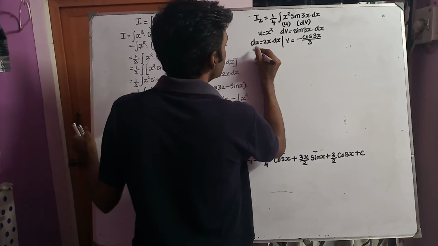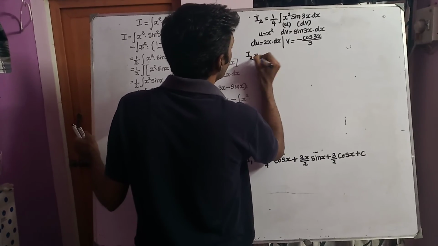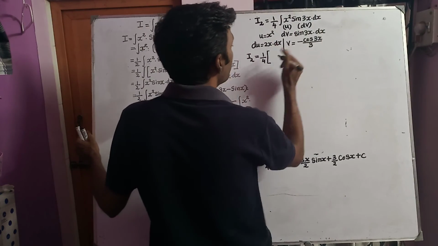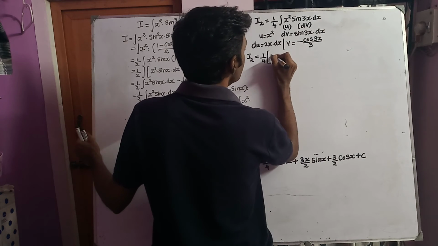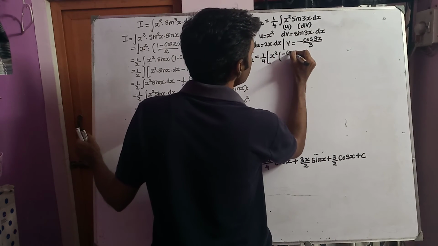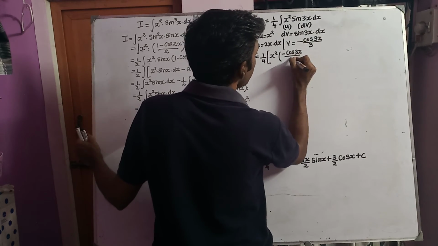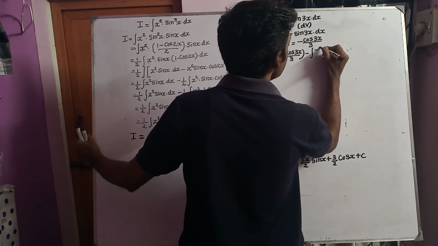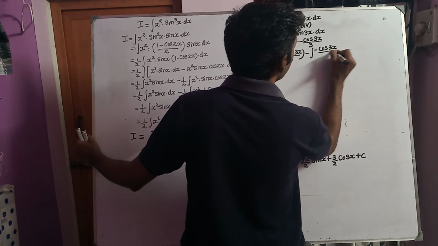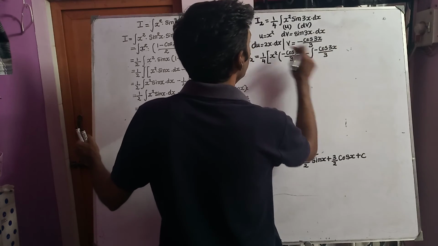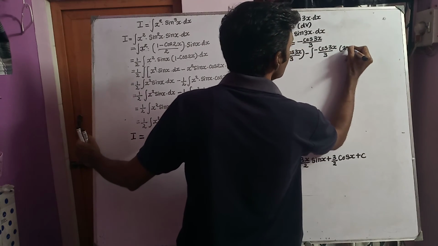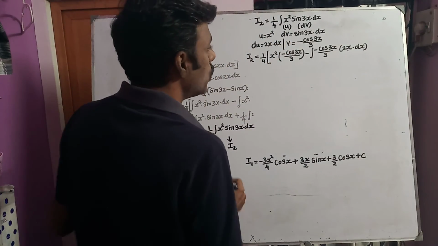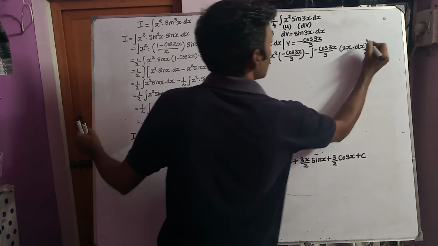Now I'm going to do integration by parts. I2 equal to 1 divided by 4 into u into v, that is x squared into minus cos 3x divided by 3, minus integral of v into du, that is minus cos 3x divided by 3 into 2x into dx. Fine. Now I'll close the bracket.